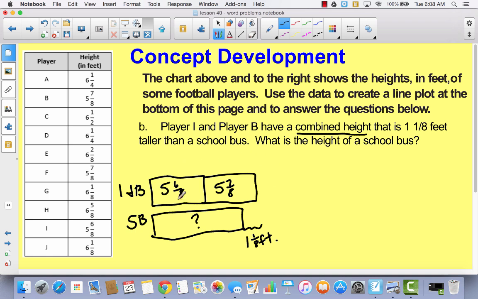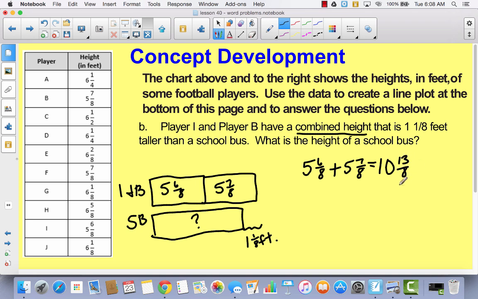Well, I hope that you said my first step is to put these two numbers together. First, I have to figure out what this combined height is. So I've got 5 and 6/8 plus 5 and 7/8. Well, if I add my whole numbers, that is 10. And if I add my fractions, that is 13/8.